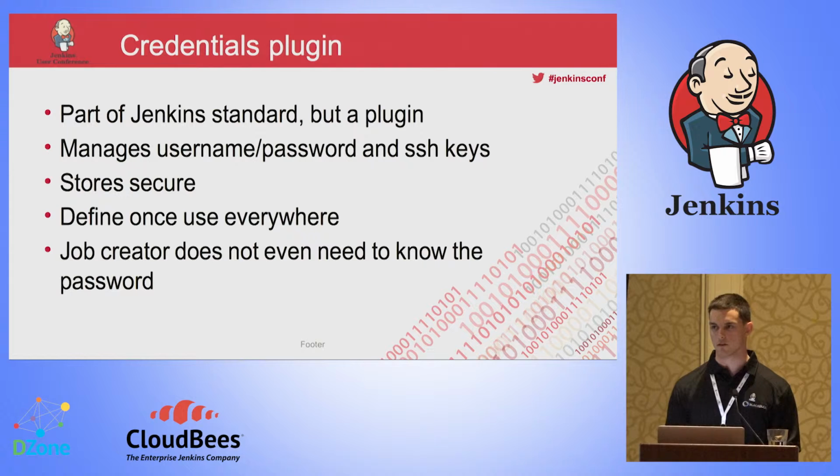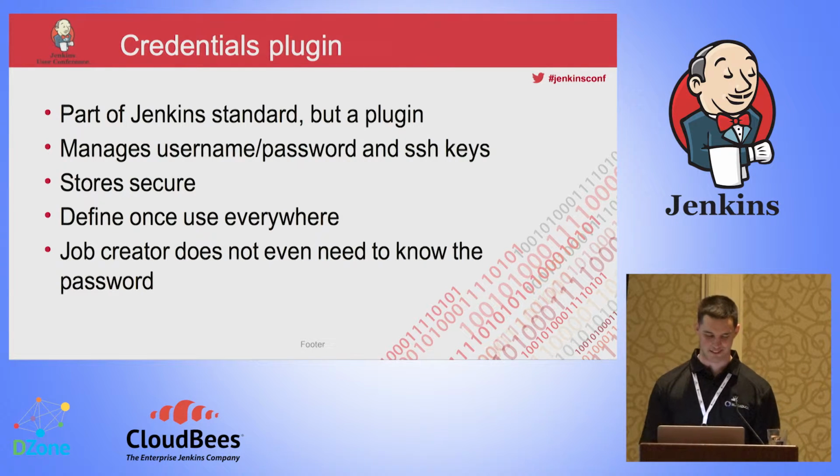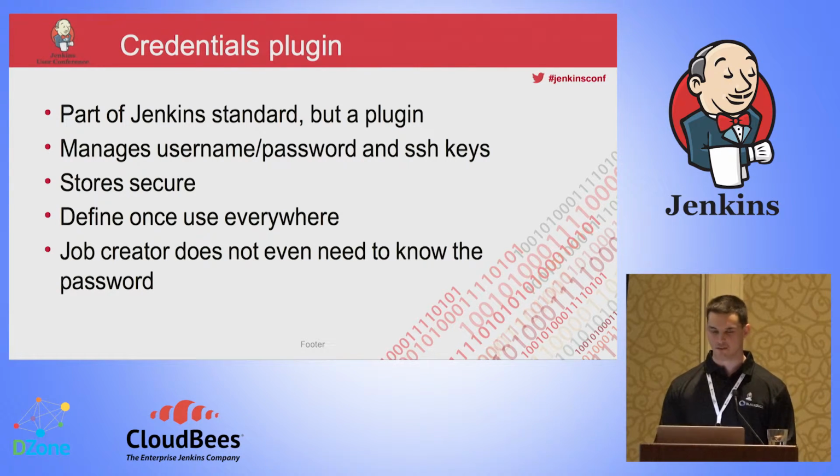All you have to do is add a little code, and you can make them available in the UI. And you don't even need to know what the actual password is when you're picking credentials. You just need to know the username, and usually when you define the credentials, you give them a nice description. That way the user knows what they're dealing with.